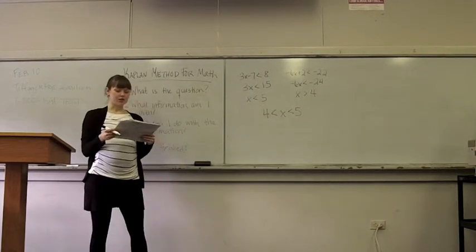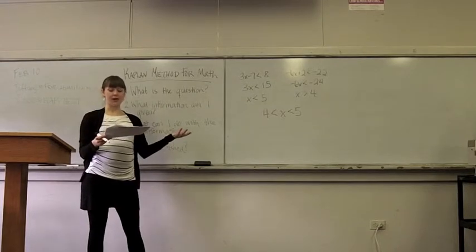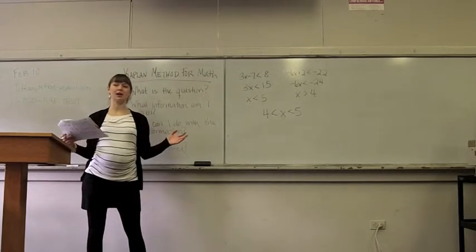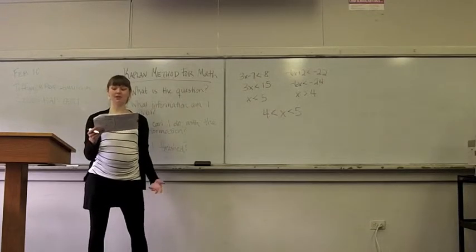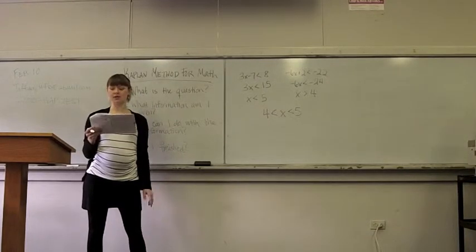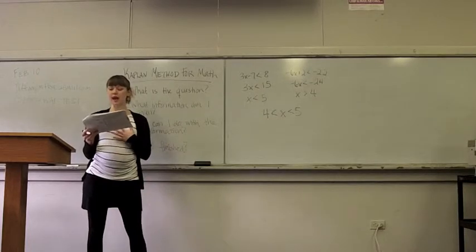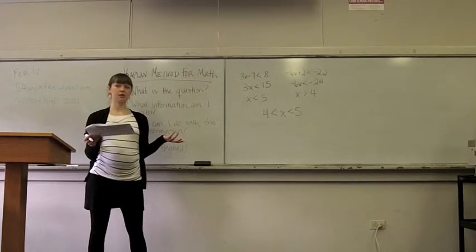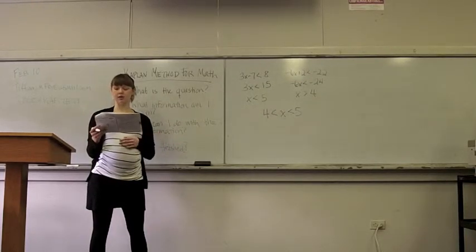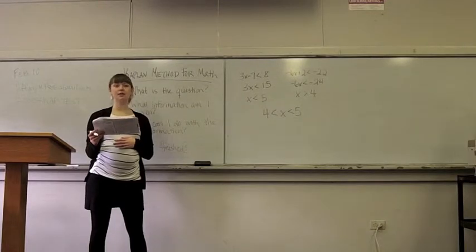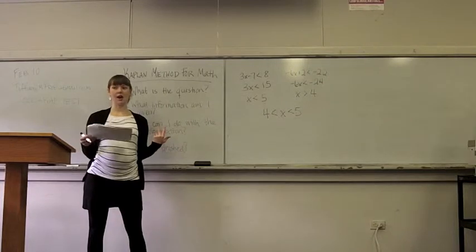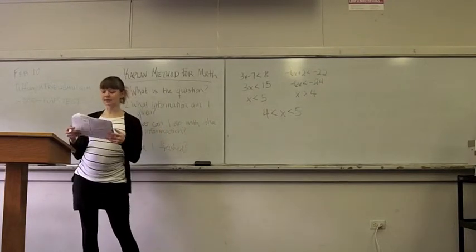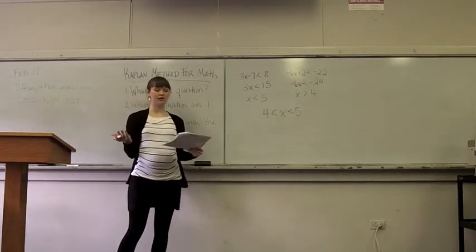In our little chart, if our number is 7, what's our absolute value? 7. If our number is negative 7? Also 7. If our absolute value is 8, what could the number be? 8 or negative 8. And if the absolute value is n, we could have n or negative n.